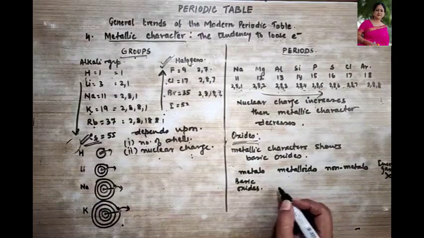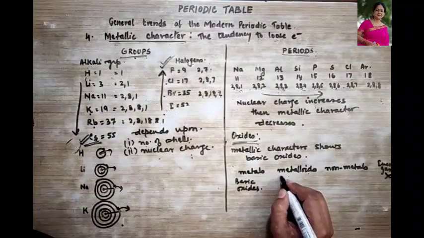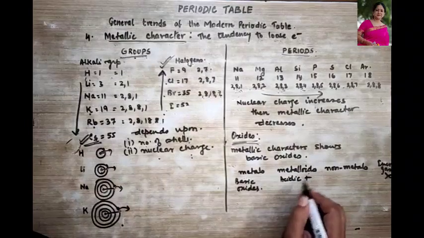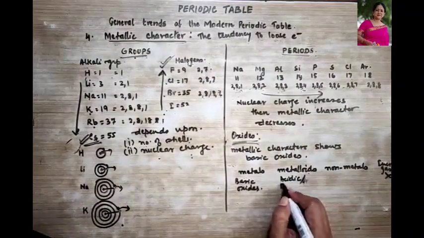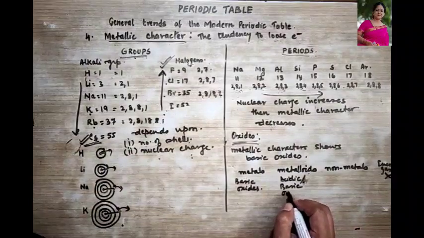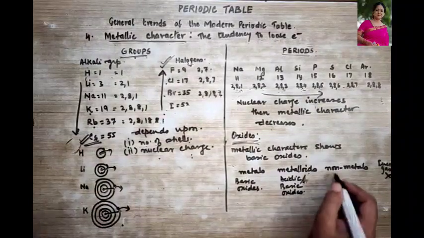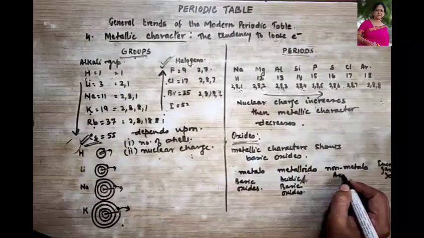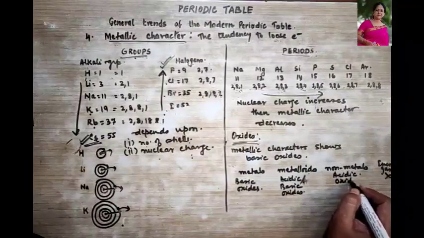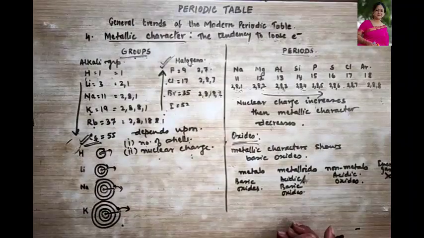Then coming to metalloids, they show both acidic as well as basic characters, so both acidic and basic oxides can be found over here. Then non-metals, they are only acidic in nature, right? They form acidic oxides. So let us look at certain examples.